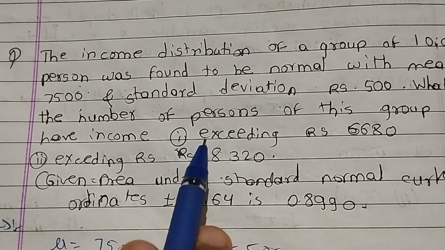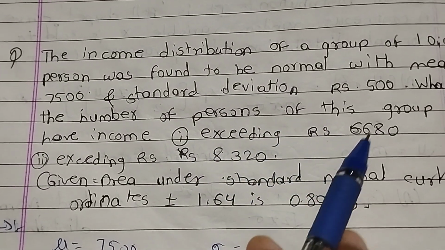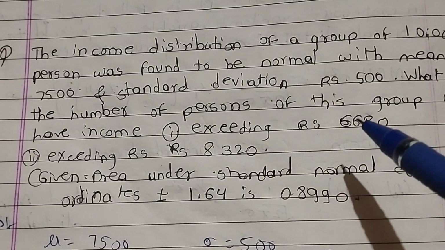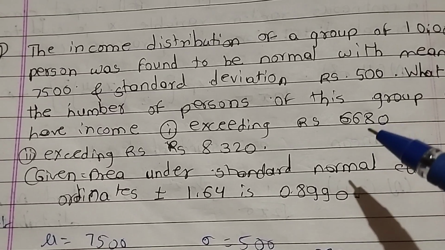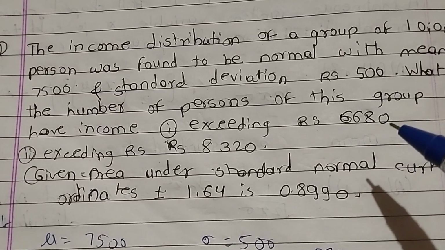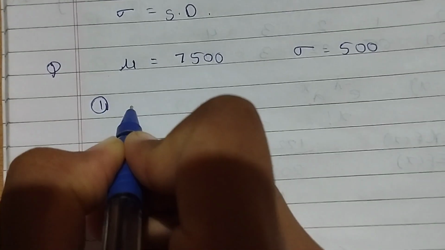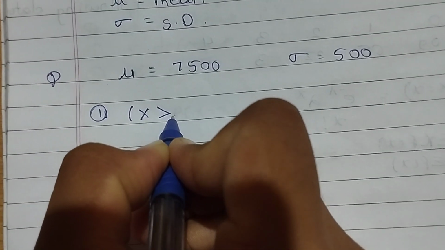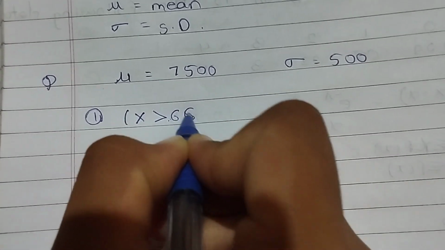The first sub-question is exceeding rupees 6680. So the value of x is equal to 6680. Whichever value we want to find out, write x equal to that value. So the first condition: x exceeds, meaning greater than 6680 rupees.